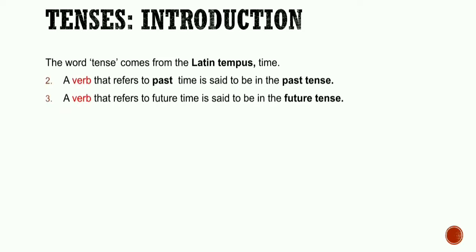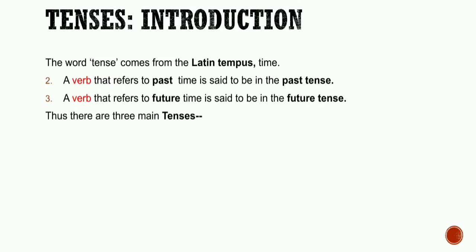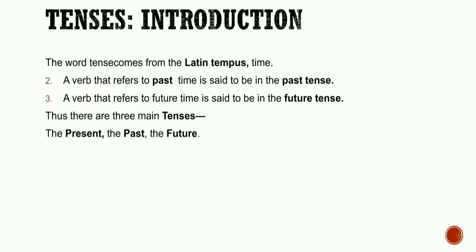Thirdly, a verb that refers to future time is said to be in the future tense. When a verb shows future time, it would be directly said to be in the future tense. Thus there are three main tenses, and those are the present, the past, and the future.